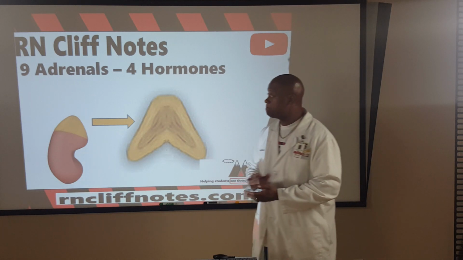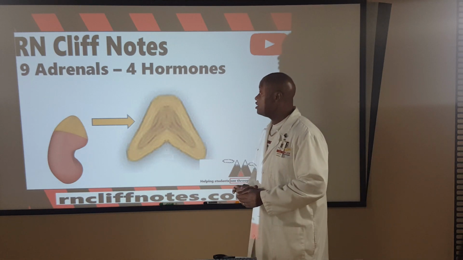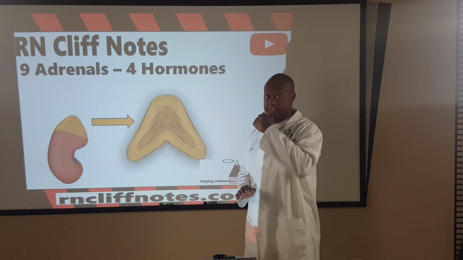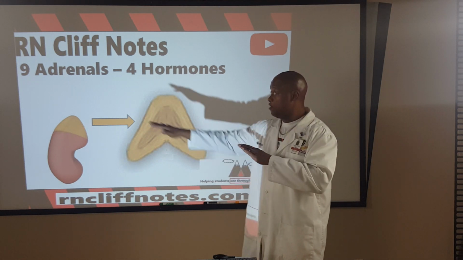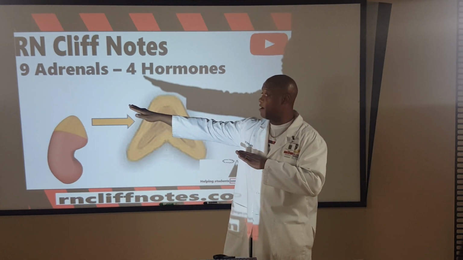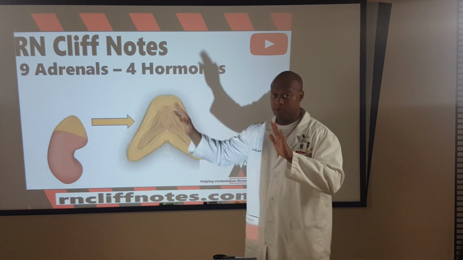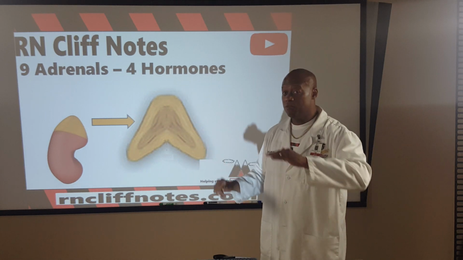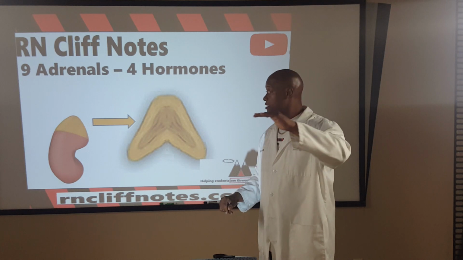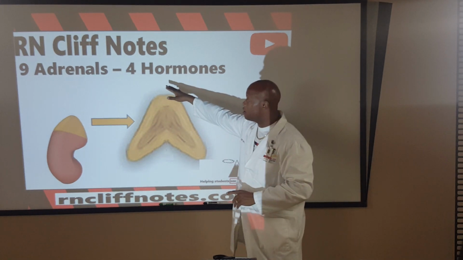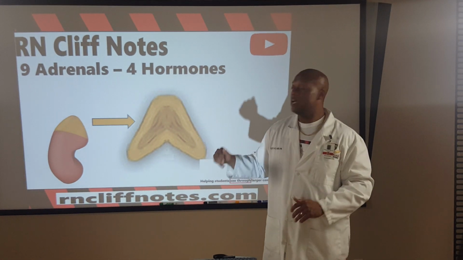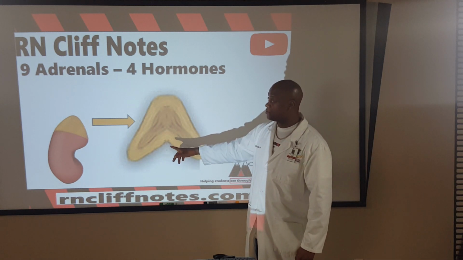All right, now, a little bit more with this. So number 9, the adrenals. Now, like I said, previous video, we went in on that part about the adrenals, right? This time, we want to step it up, right? So we want to talk about the 4 chief hormones that are produced by your adrenals.